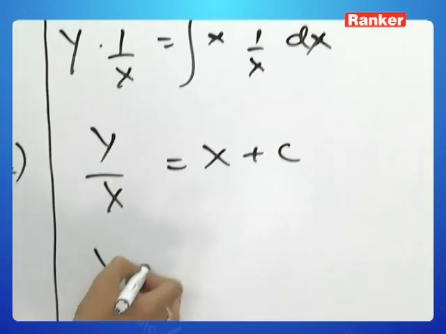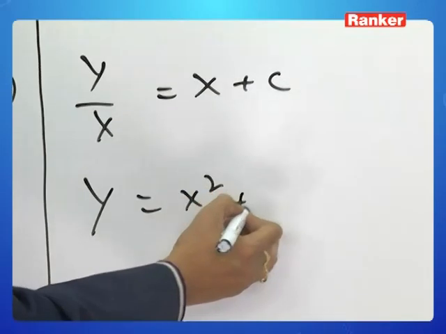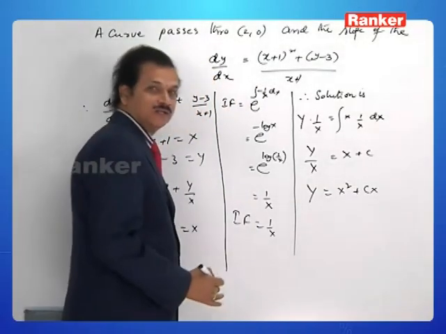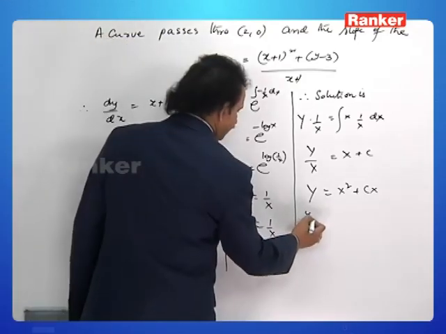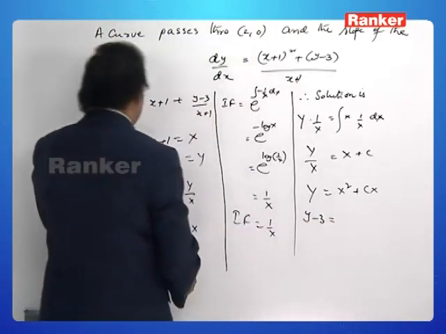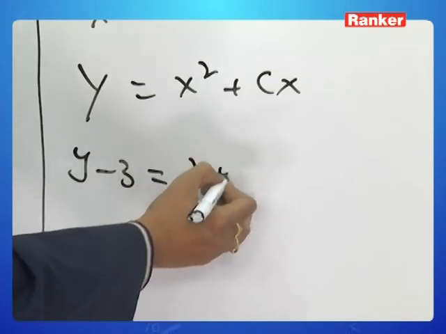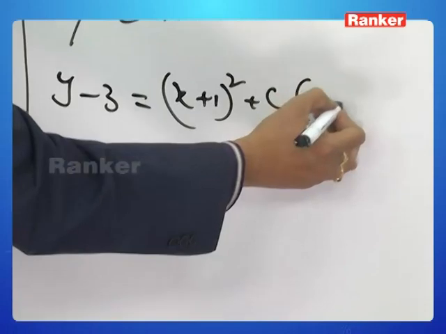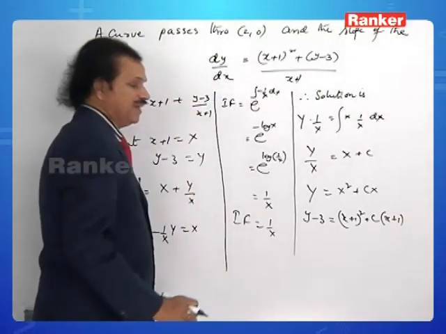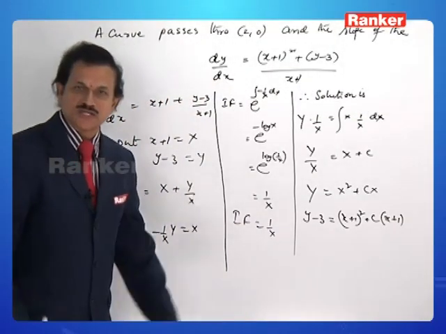Therefore, Y is equal to X square plus cX. What is capital Y? Y minus 3, isn't it? Y minus 3 is equal to (x + 1) whole square plus c into (x + 1). That is the ultimate solution.